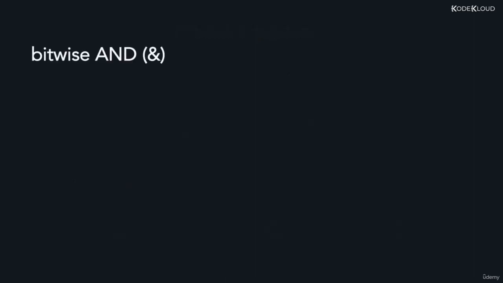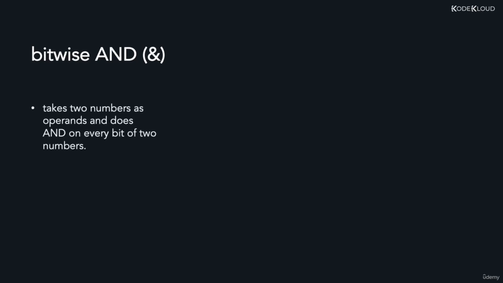First up, we have bitwise AND, and it is denoted by the single ampersand sign. This operator takes two numbers as operands and does an AND operation on every bit of the two numbers. Let's see how bitwise AND is going to work for 12 and 25. The decimal representation of both these numbers is given here.